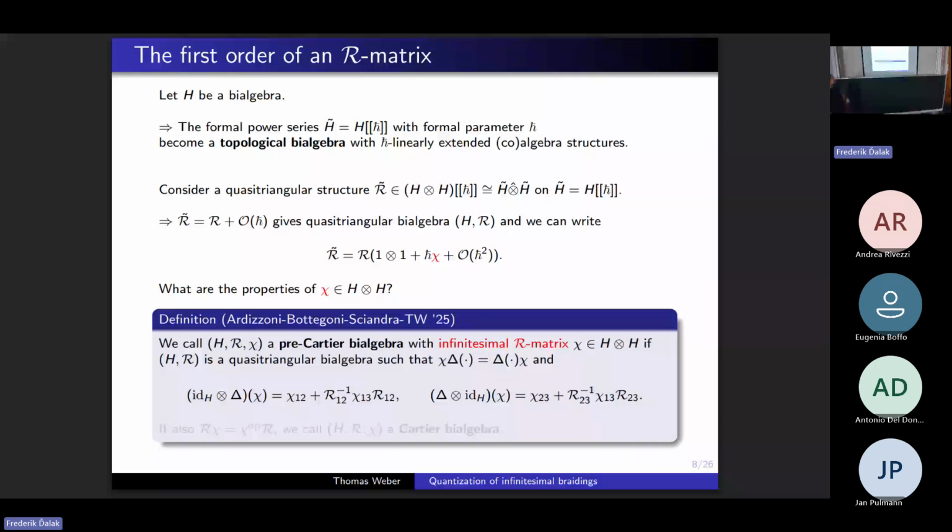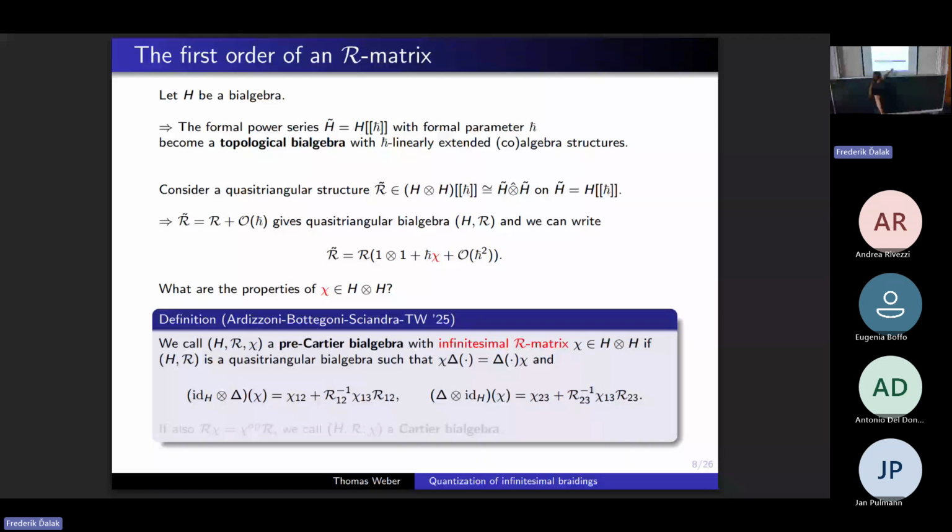And so we say that a triple H, R, chi is called a pre-Cartier bi-algebra with an infinitesimal R matrix chi, element of H tensor H, if first of all H and R is a quasi-triangular bi-algebra. And now chi has to satisfy all of these properties. First of all, it has to commute with the image of the coproduct, just as we have seen with the Casimir.